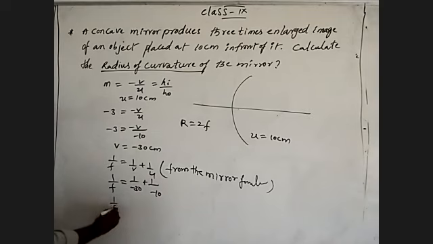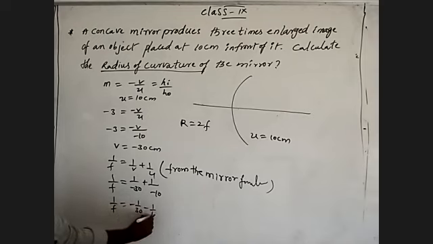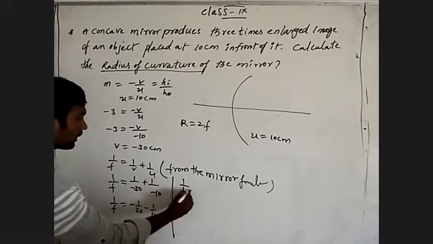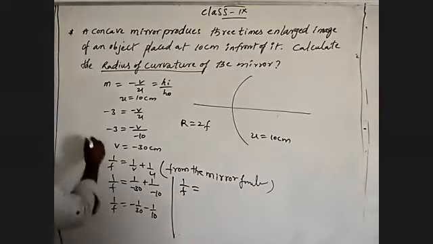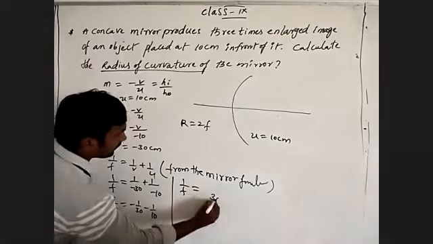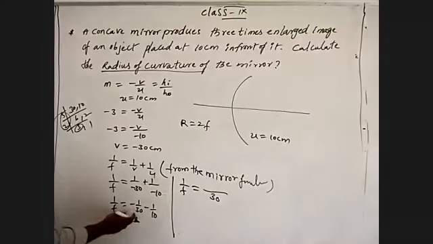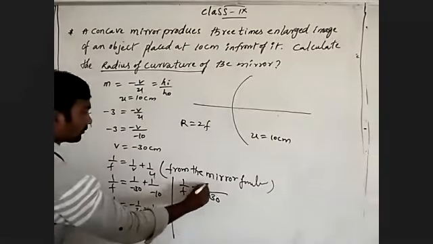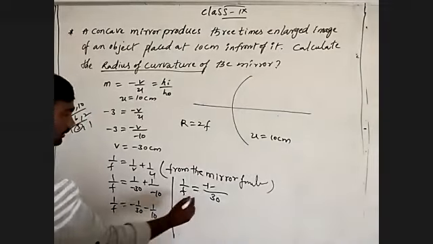So 1 by F is equal to minus 1 by 30 minus 1 by 10. Then 1 by focal length, how much is the LCM of 30 and 10? LCM is 30. 30 ones are 30, minus 1, minus 10 threes are 30.